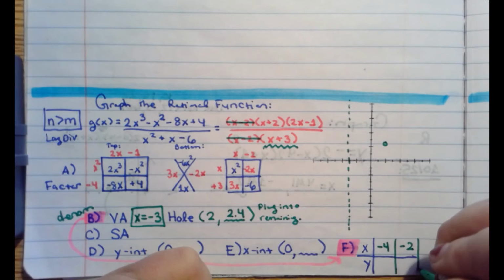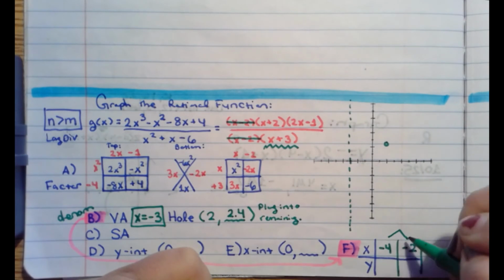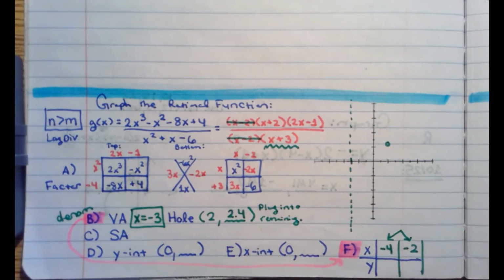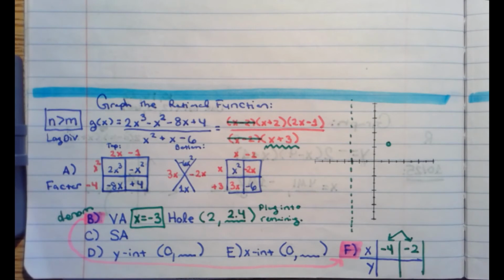So I'm picking values that are around that vertical asymptote. Okay, so take a moment and go ahead and plug in -4 and -2.